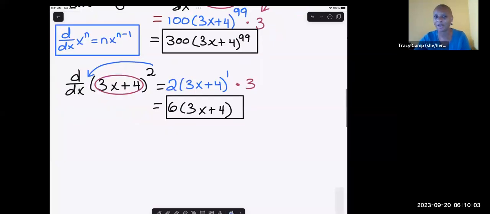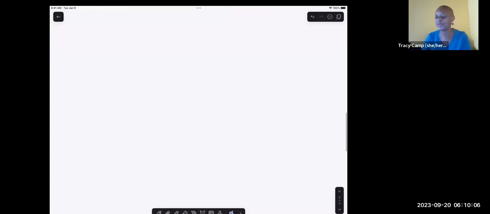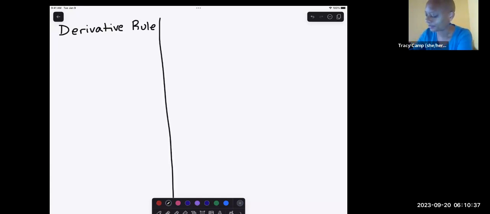So all that said, I'm going to make a little chart, and hopefully this will make it less confusing to you. I'm going to make a chart with our various derivative rules, the regular version of the rule, and next to it put the chain rule version of that derivative rule.